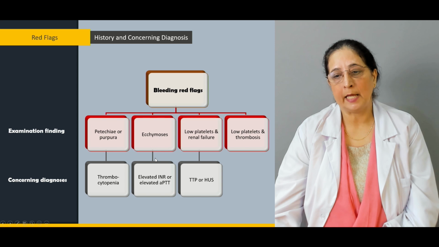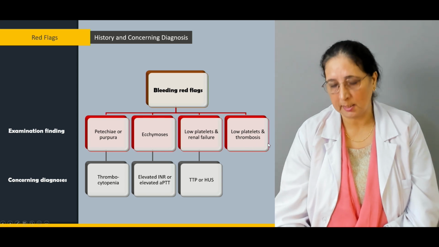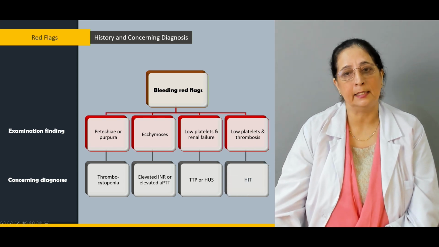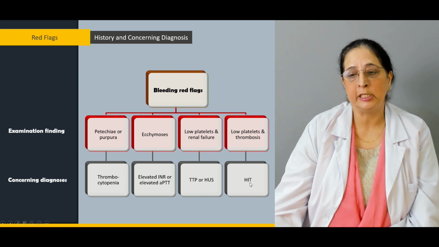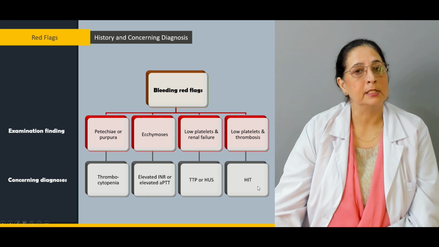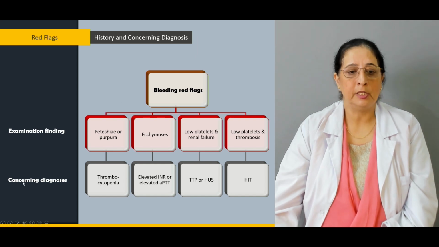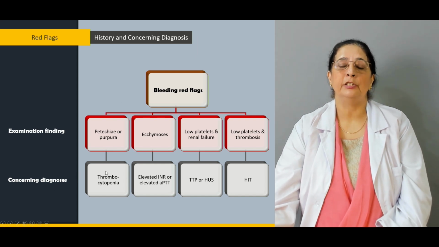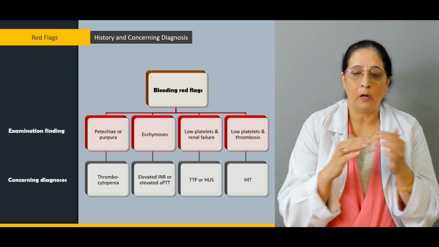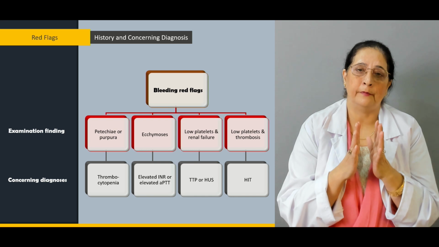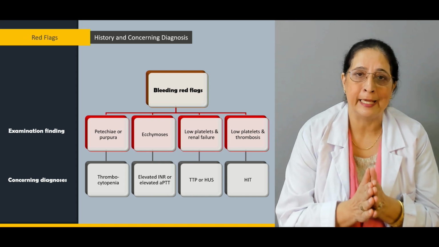And another important symptom we talked about is afebrile bloody stools. Low platelets and thrombosis, if it is present, again is because of heparin-induced thrombocytopenia. So these are some examination findings and the concerning diagnoses. All these are because of the low level of platelets.